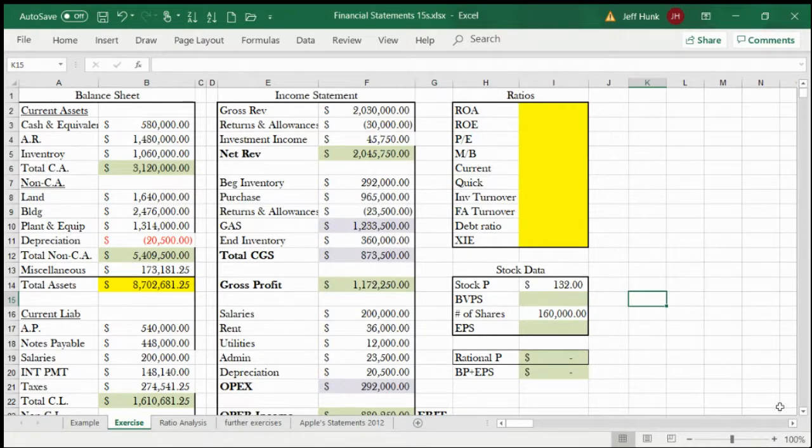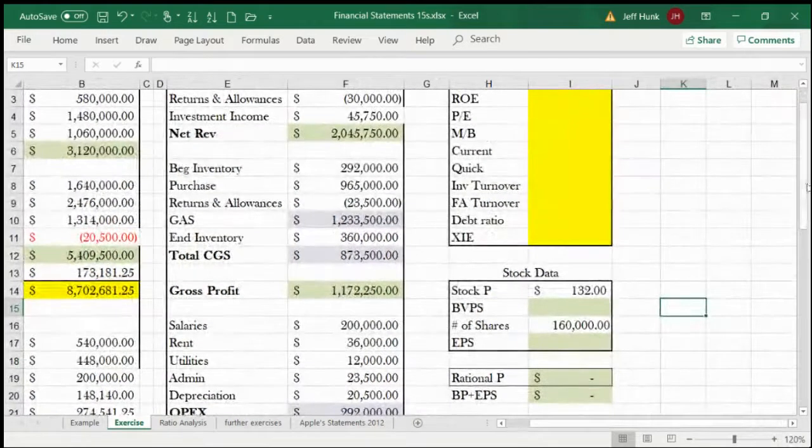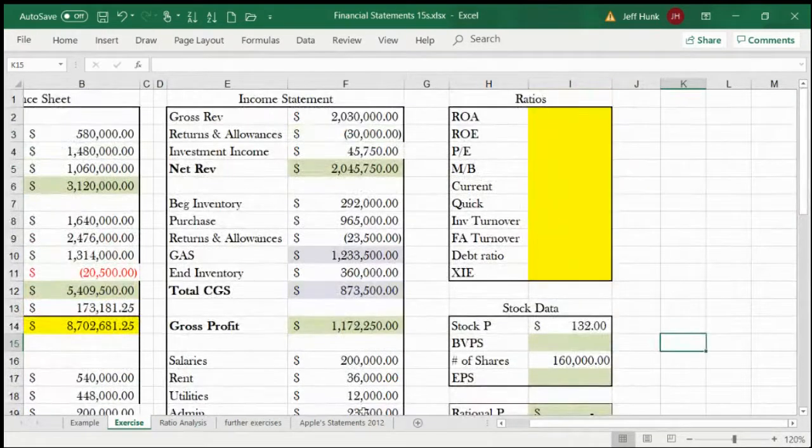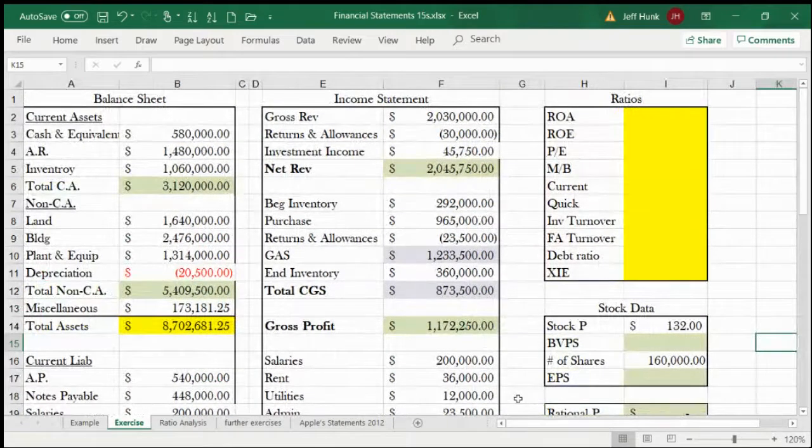Let me zoom in a little. Of course, you may not be able to see the entire financial statements because we are zoomed in, but bear with me. We'll have to scroll up and down to look up the data.